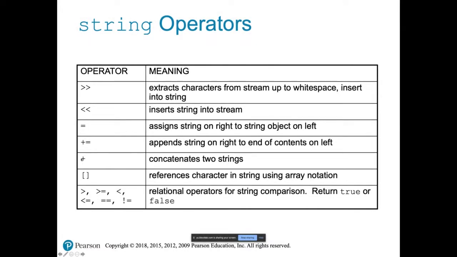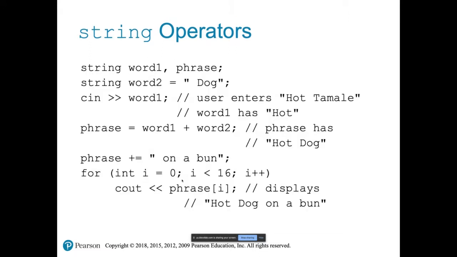So now we have dual purposes for this addition operator. We have it as addition for numerics, and we have it as append for strings. You can use the square brackets to get individual elements of the string. And same thing with string comparisons, you can use them like that.